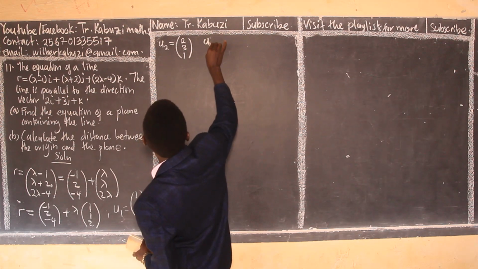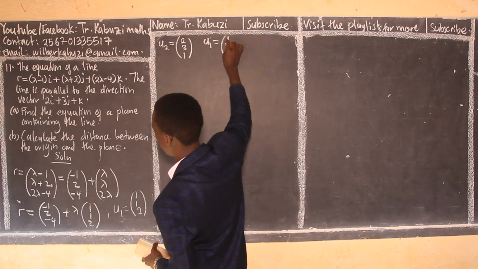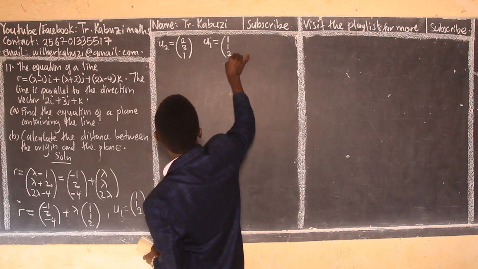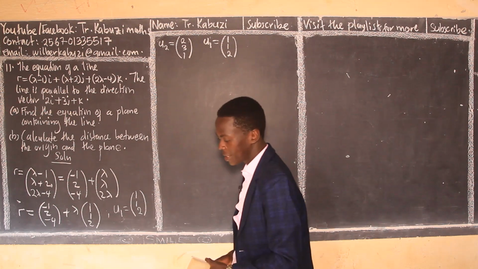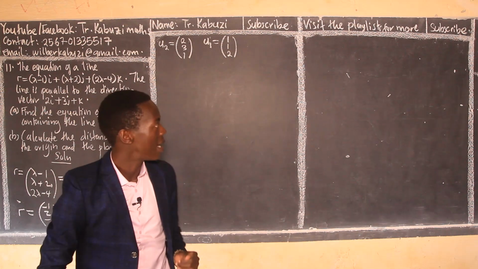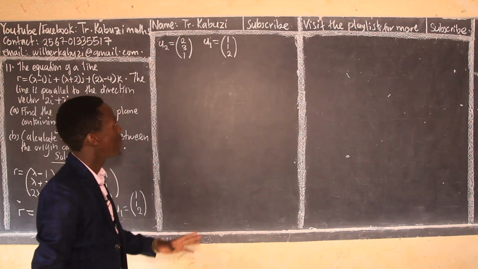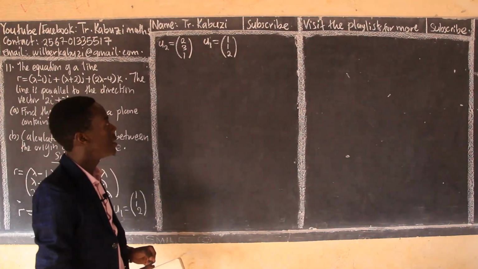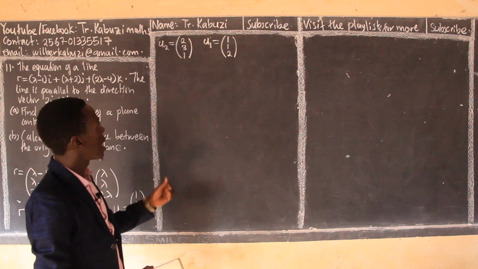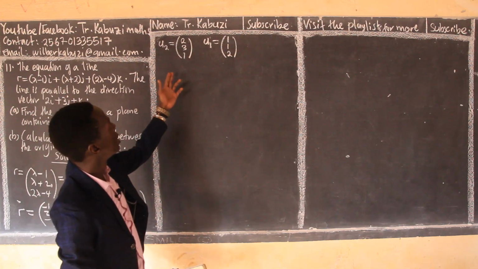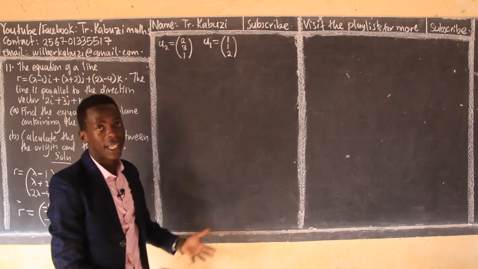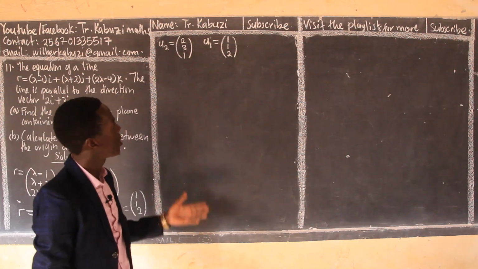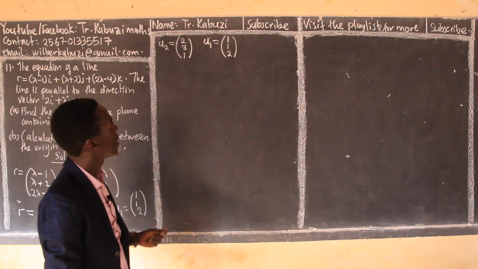Remember, our first was 1, 1, and 2. When you look at these two vectors, they can never be parallel. I think there was a mistake somewhere. These two vectors can never be parallel as you see them.